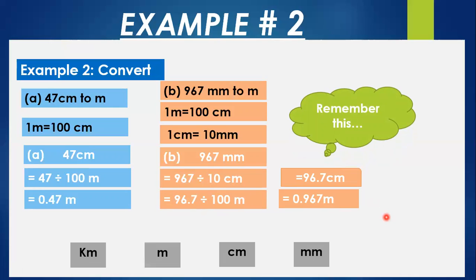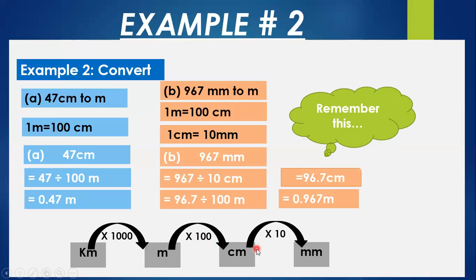Okay, remember one thing. When you convert kilometer to meter, bigger to smaller unit, you have to multiply by 1000. And when you convert meter to centimeter, you have to multiply by 100, or centimeter to millimeter, you have to multiply by 10 here.